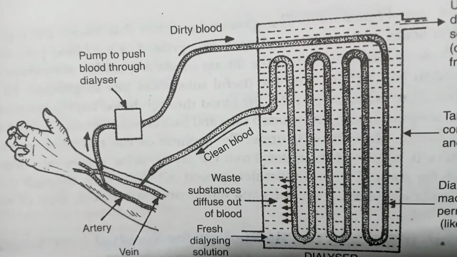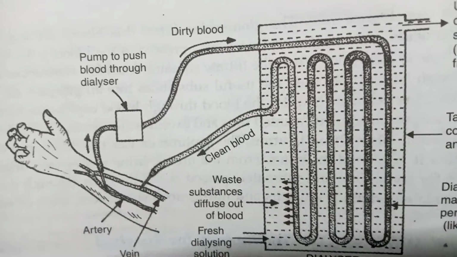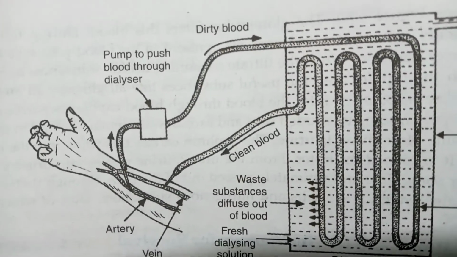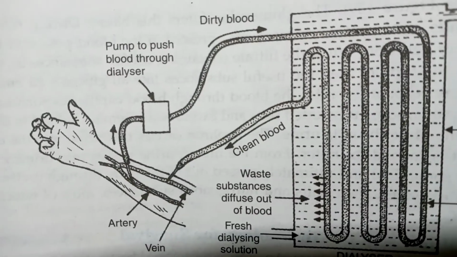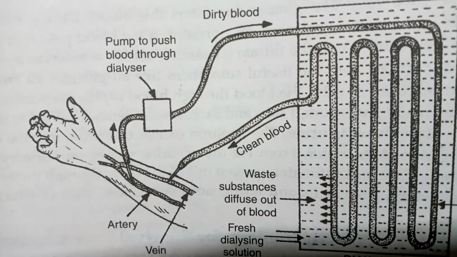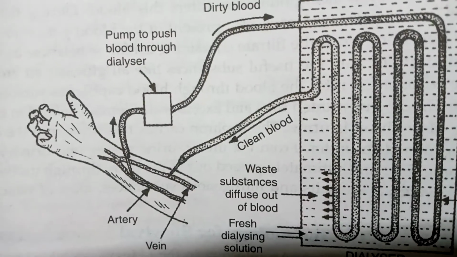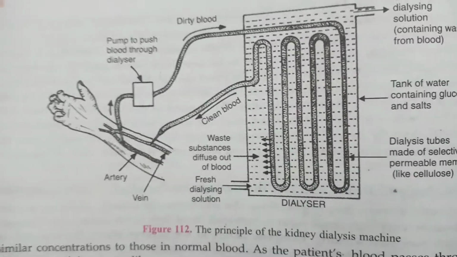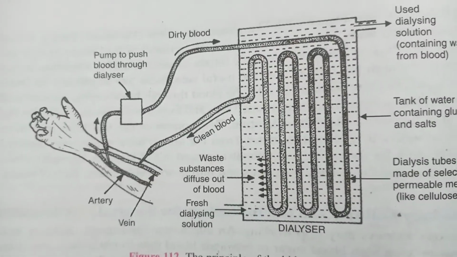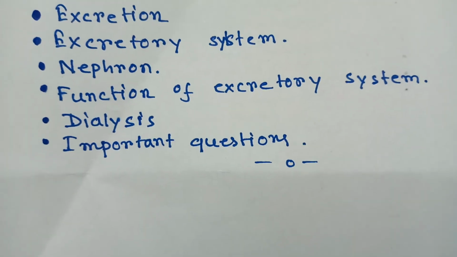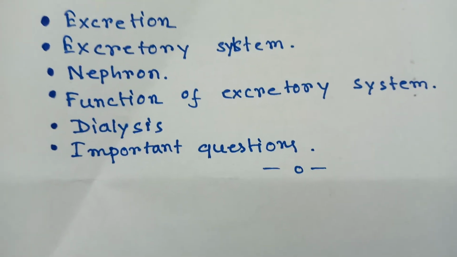As the patient's blood passes through the dialysis solution, most of the wastes like urea pass through the selectively permeable cellulose tubule into the dialyzing solution. The clean blood is pumped back into a vein of the patient's arm. Here you can see a dialyzer clearly. Next we will discuss some important questions regarding this topic.